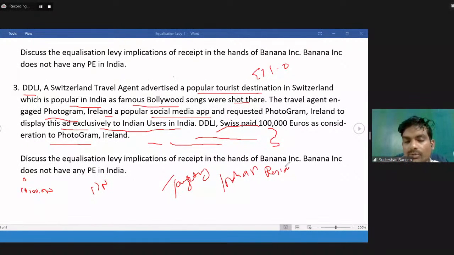So for equalization levy 1.0, online advertisement should be for resident buyers, that is, a resident buyer should avail the services. Here, it is non-resident to non-resident, online advertisement, but if it is targeting Indian customers, as in this question, equalization levy 2.0 will come. Therefore, on this 10 lakh euros, the same 2% will have to be discharged.